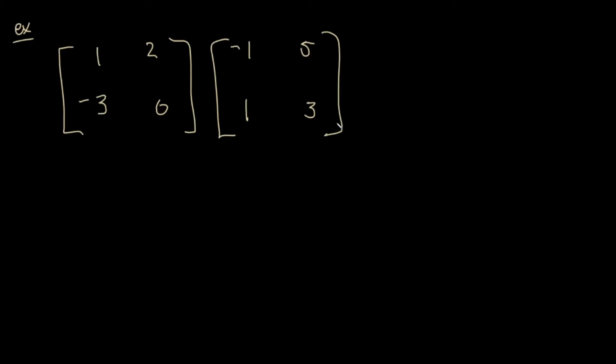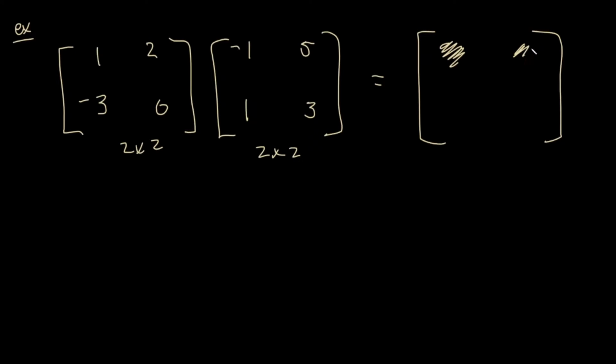So first of all, we need to decide, are they compatible? Well, it's a 2 by 2 and a 2 by 2. The inner numbers match, and the result is going to be another 2 by 2. So I'm going to have 4 elements in this result. And actually, I'm even going to color code these.